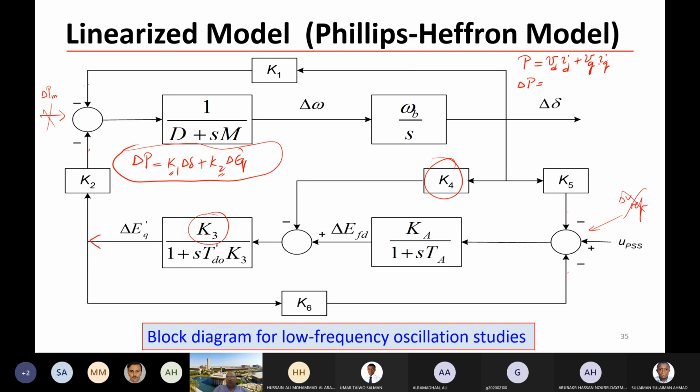If you linearize this one around an operating point, this is equal to what? Can anybody tell us if we need to linearize this equation? So what do you think the output here? Any answer?